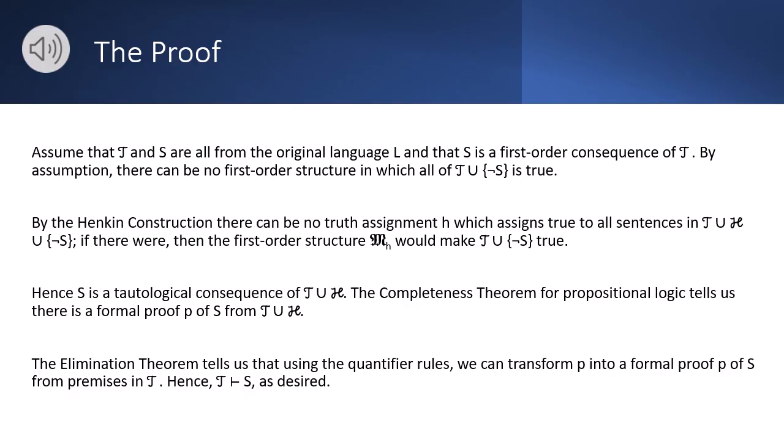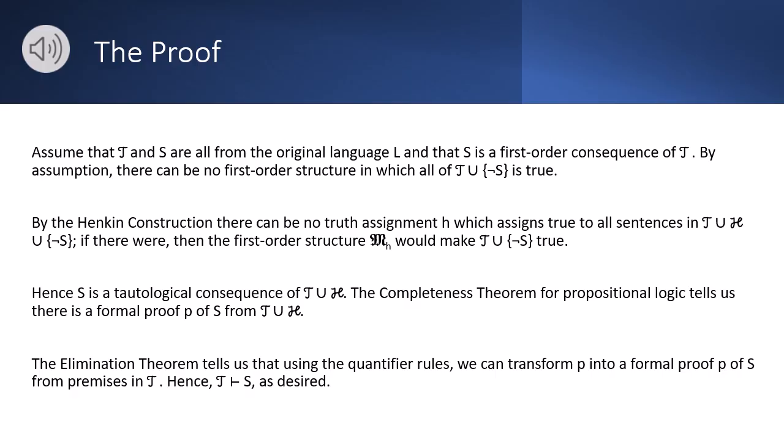Okay, and then we'll use the Henkin construction to realize that there can be no truth assignment H which assigns true to all the sentences of T and the Henkin theory and the negation of S. Because if there were, then by our construction, there would be a first order structure that made the sentences in T and the negation of S true. And by our assumption, that can't be the case.